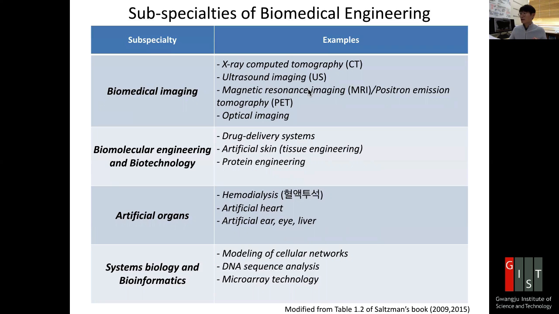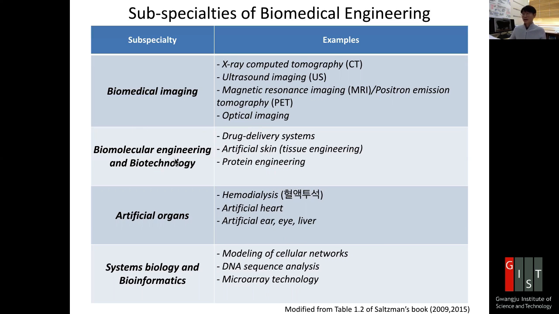And MRI and positron emission tomography are examples. And another example is optical imaging. For example, endoscopy of the upper gastrointestinal tract or lower gastrointestinal tract, which is now also a routine examination for health check.